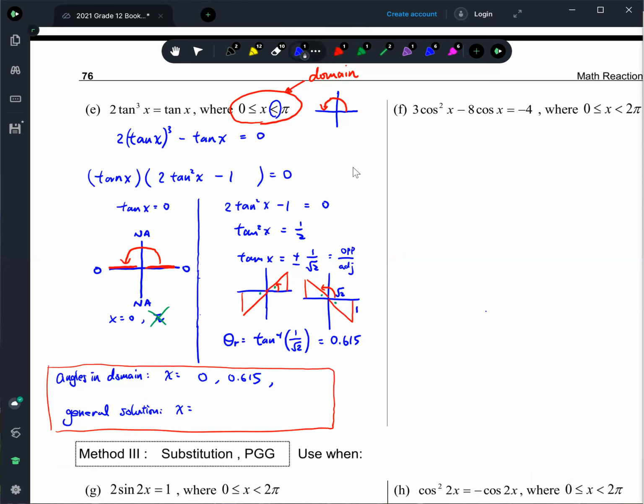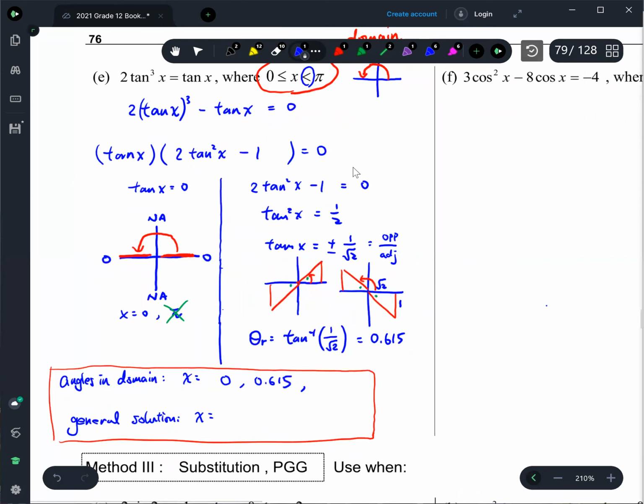Okay, and then how do we get the second one, Eric? The one in the second quadrant. That would be, we take this away from 180, right?